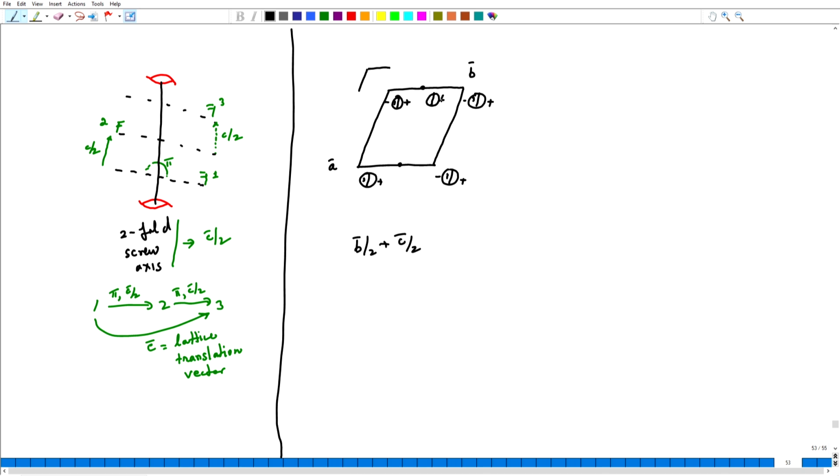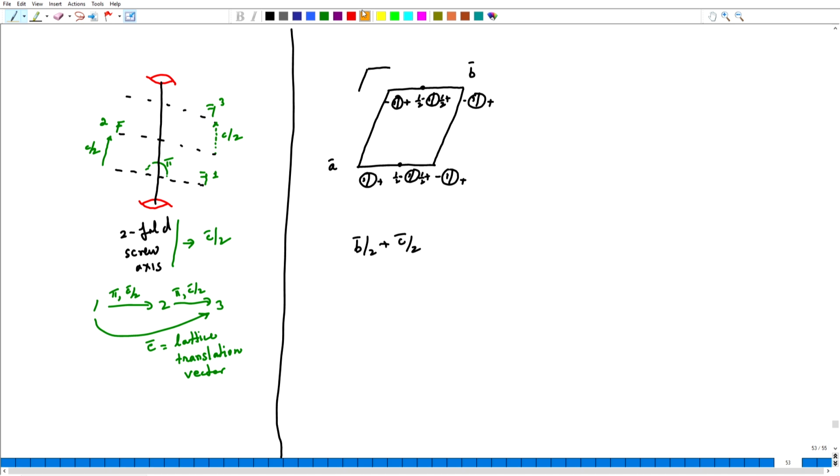This will go half plus, handedness change, and half minus. Similarly, translation of B will bring this here, half plus and half minus. This is the way the pattern would look like.